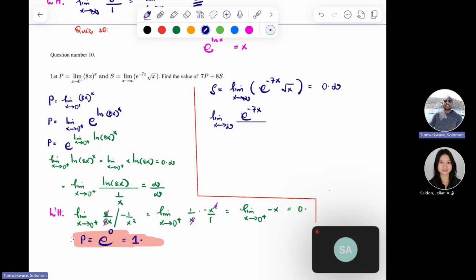And square root of x, I want to bring it down. But if I bring down the square root of x, it comes as a reciprocal. So that's why I write it as 1 over square root of x. Remember, I'm not changing the function. I'm just rewriting it. So whatever you rewrite should be the same as that. And if I'm to get exactly this, that's when I rewrite the square root of x as a reciprocal.